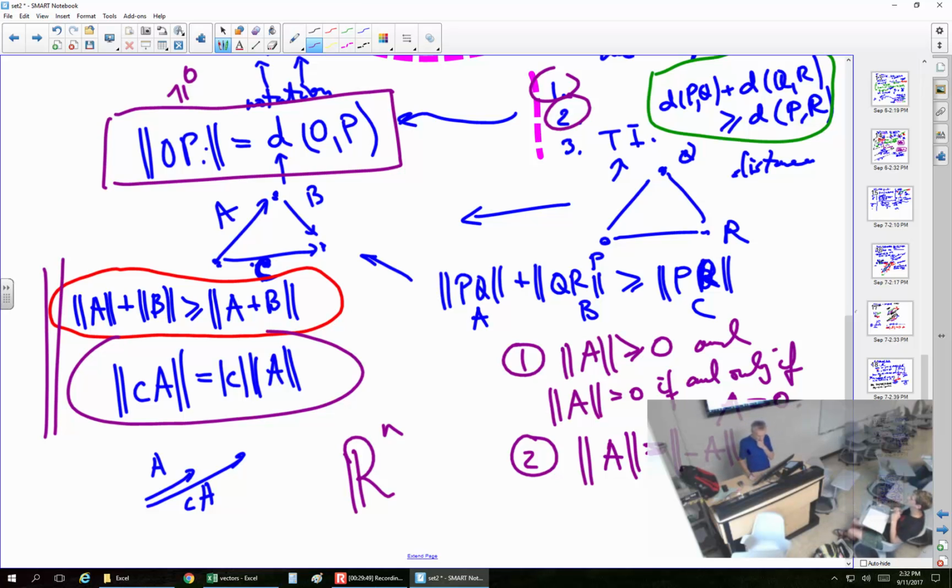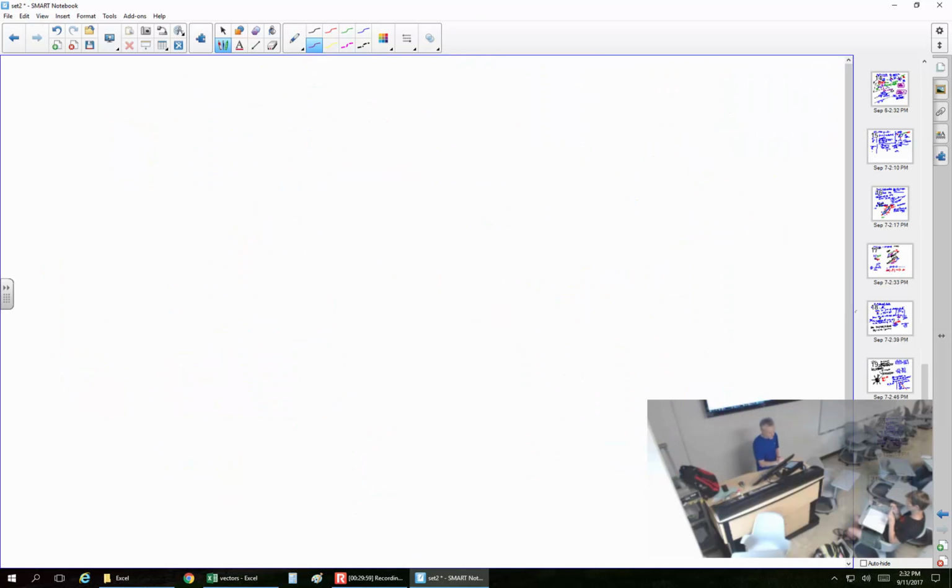Now, what else we need to discuss is a little more about components, and actually the reason why we use that word in the first place. Well, components come from decompositions of vectors.